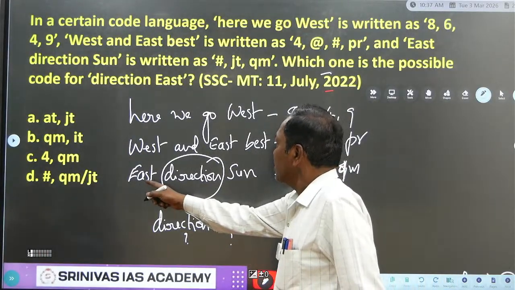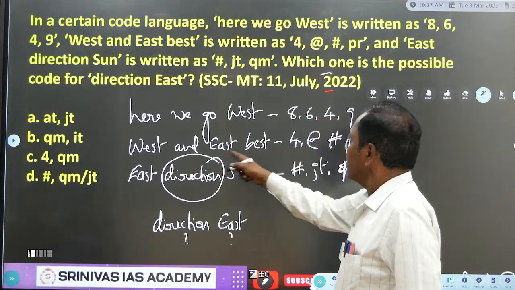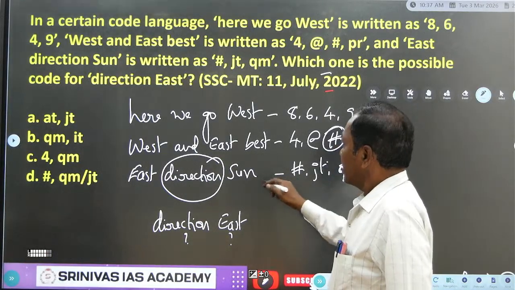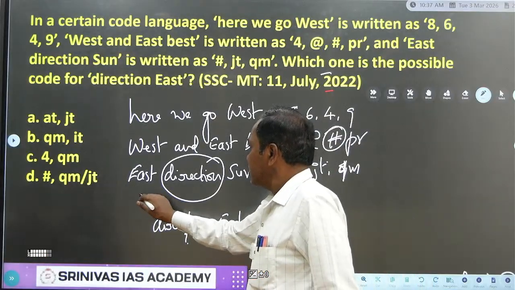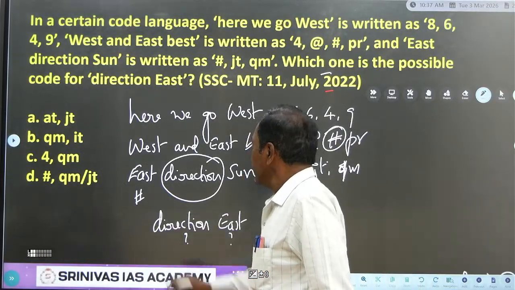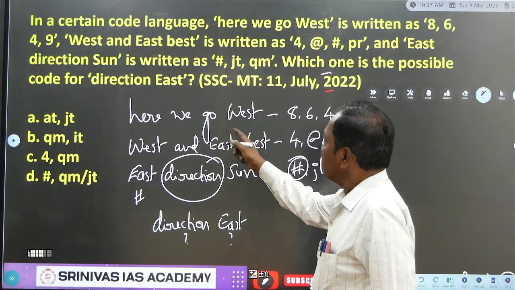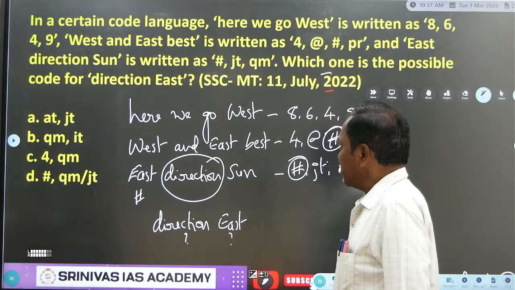East can be seen in the second group, and in the third one East is again the first word, ash. Sun is not repeated anywhere here.